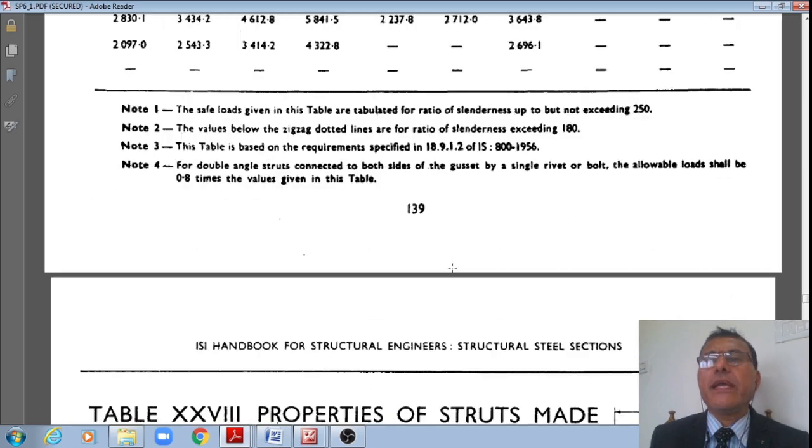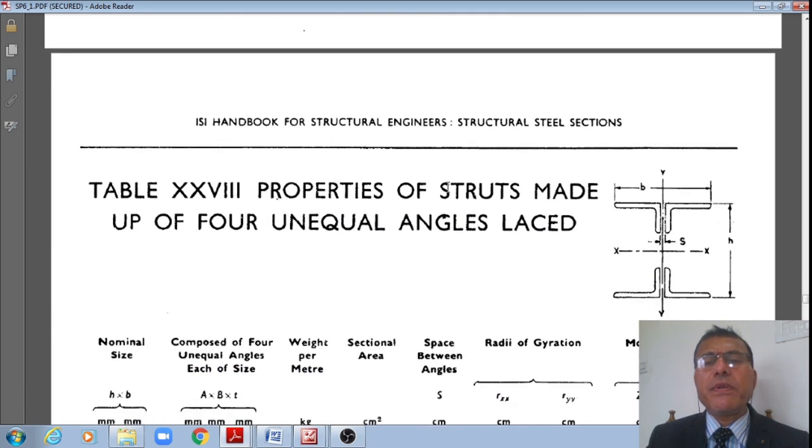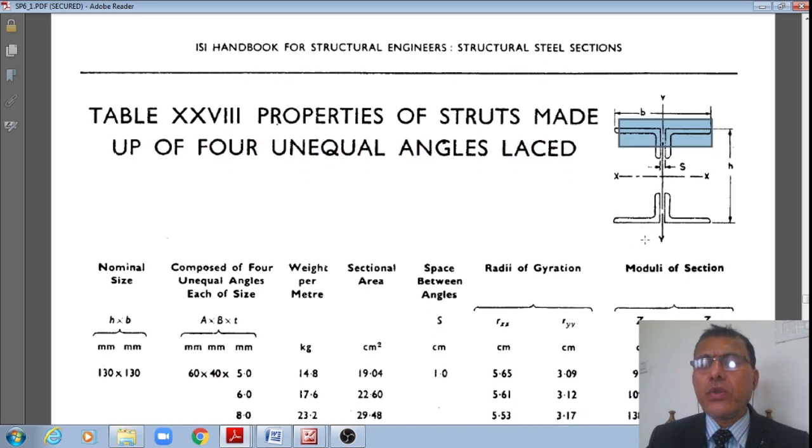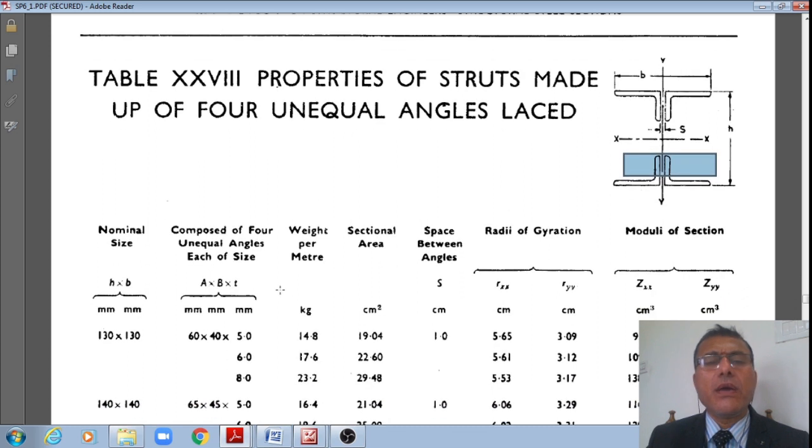Next table is this table, students, right? Where we would have the properties of the struts made up of 4 unequal angles laced, right? If 4 unequal angles are used, say in the compression flange as well as tension flange, 2 plus 2, 4.